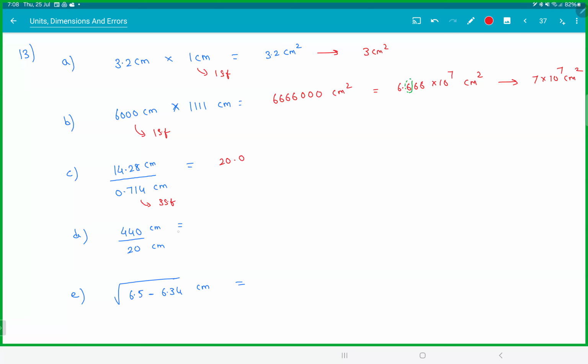This thing is 22, but remember this has only one SF. 2 into 10 power 1. This is root 0.16, which is 0.4. But remember, this is 2 SF. That is the minimum. So I need to make this 0.40. The zeros after the decimal are counted.